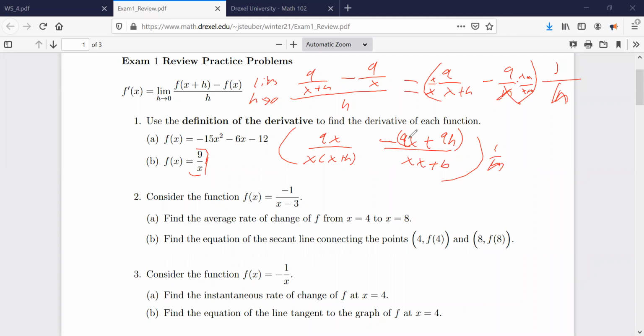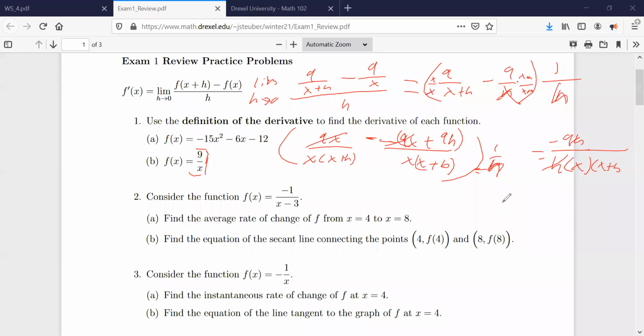So now I can combine these guys, and these guys cancel, and I'm just left with negative 9h, right? Because this is a minus, so it distributes, and then I'm going to push this 1 over h into the denominator too. So that gives me h times x plus h.